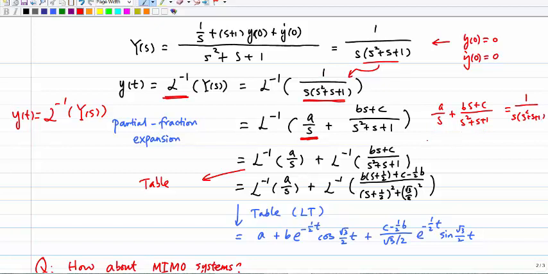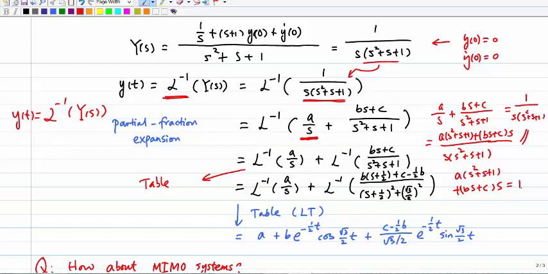Let's compute this. The common denominator is s times (s squared plus s plus 1), so the numerator becomes A times (s squared plus s plus 1) plus (Bs plus C) times s.